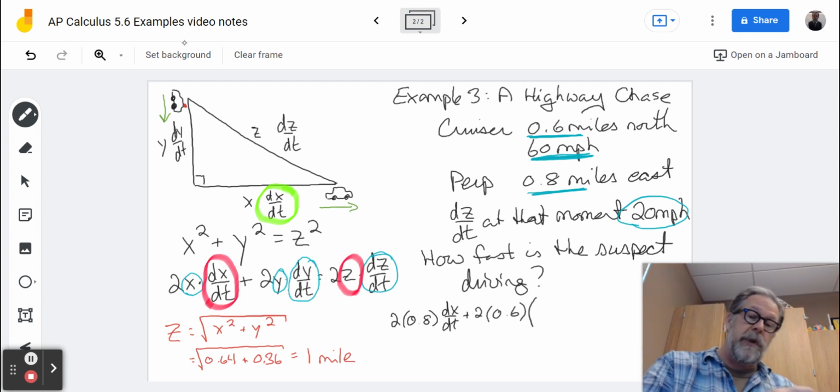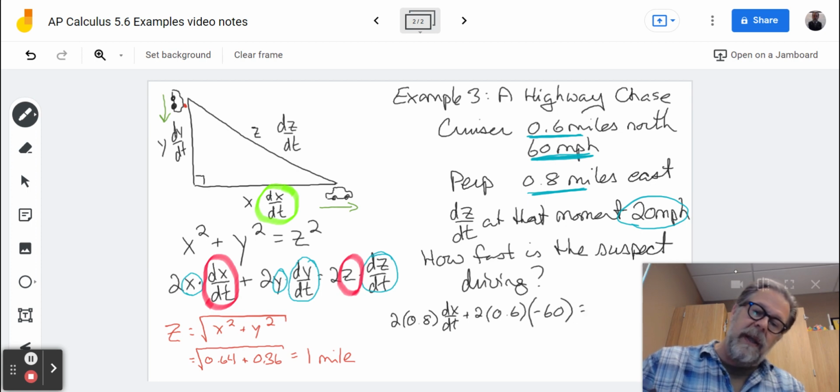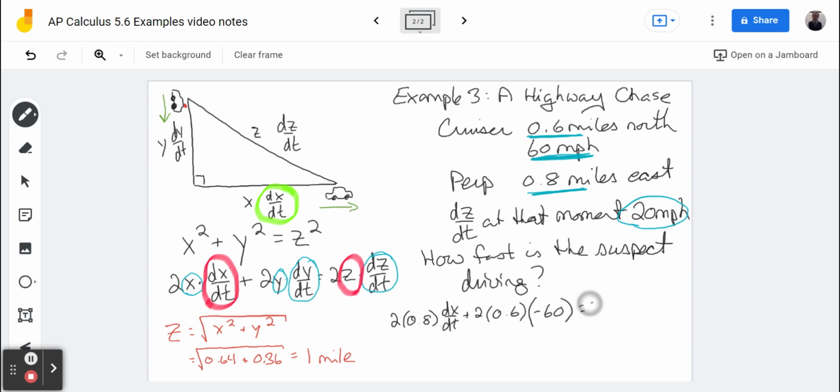We've defined up as positive in our y direction, which means that the police officer's speed is actually negative 60, and that is equal to 2 times 1 times 20. So a little bit of math. I'm going to divide everything by 2 and make the 2 go away.